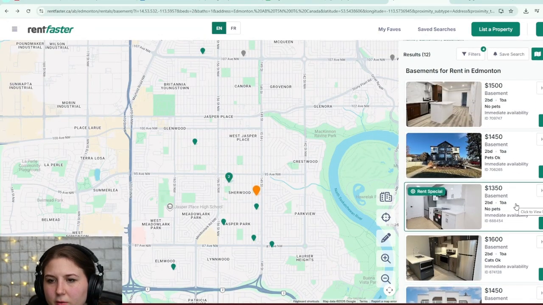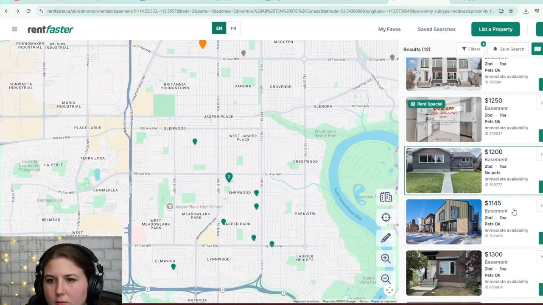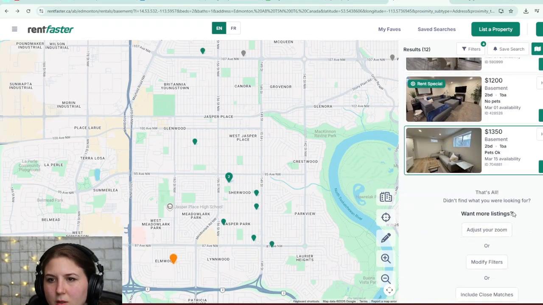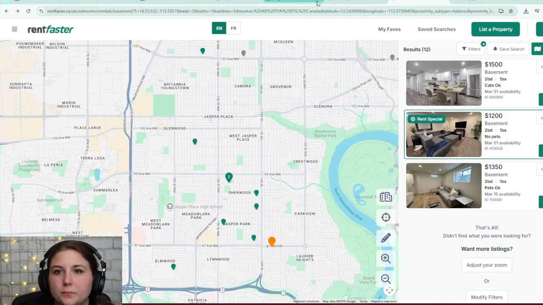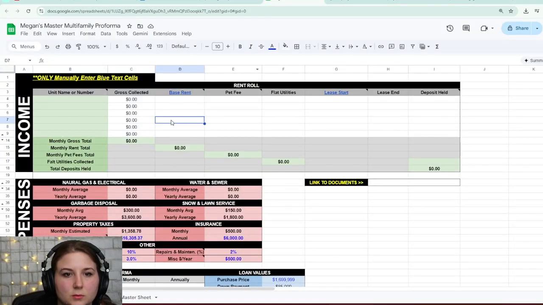You know what? I'm gonna call it 13. I'll stand by 1,300. I'm not a property manager. Talk to yours if you're writing this up. That's what I'm gonna call it. So 1,300.